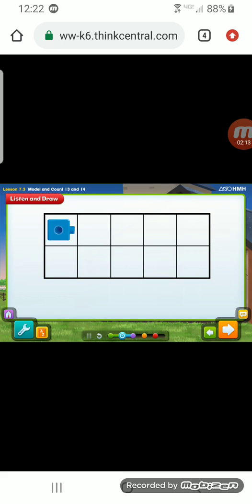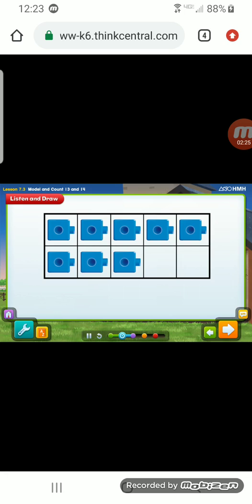1, 2, 3, 4, 5, 6, 7, 8, 9, 10. The 10 frame is full. That means there are 10 cubes in the 10 frame.